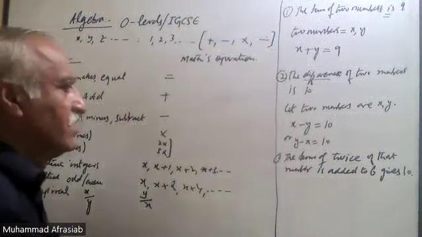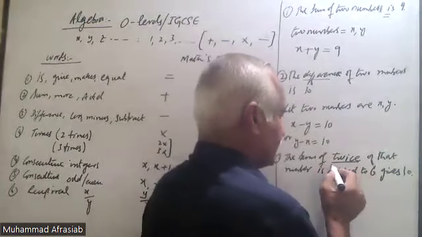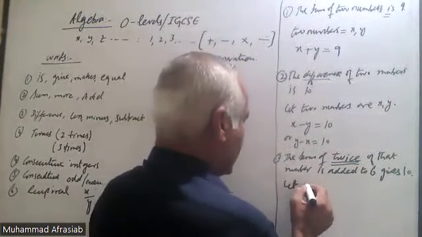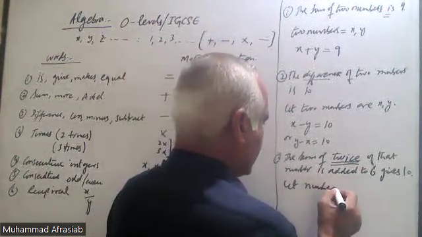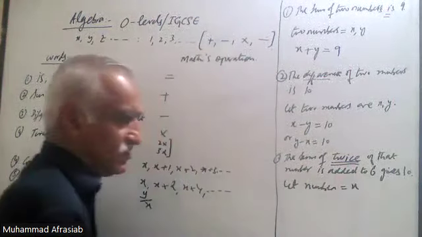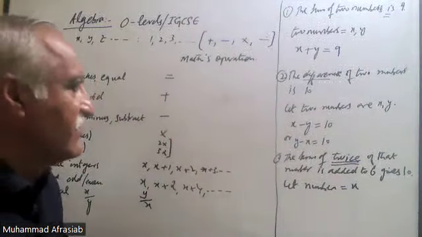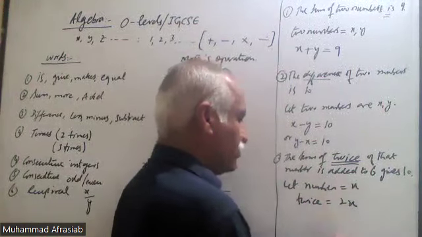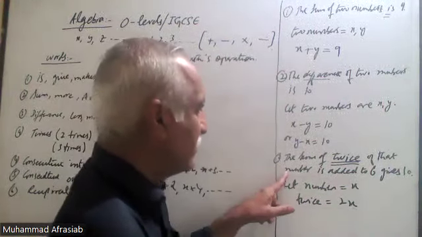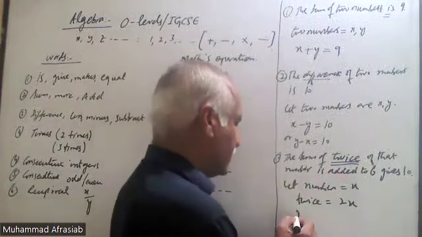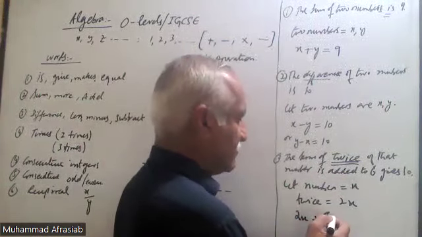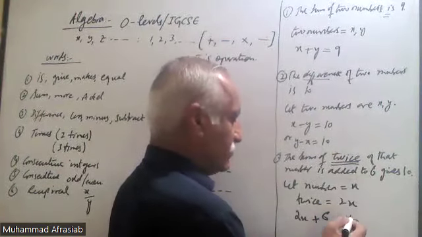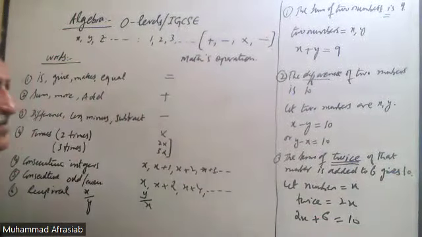So they have used the word twice there, which means multiplied by 2. Let the number be equal to x. Then twice of that number will be equal to 2x. Added means plus, so 2x plus 6 gives, which means equal to 10. So you can find out the value of x from this word problem.